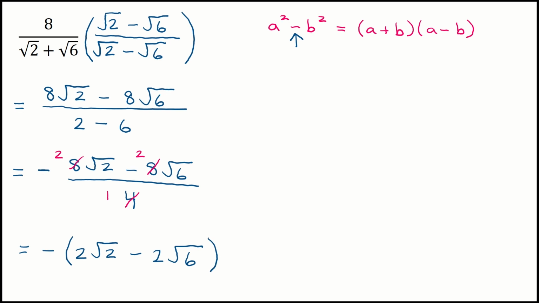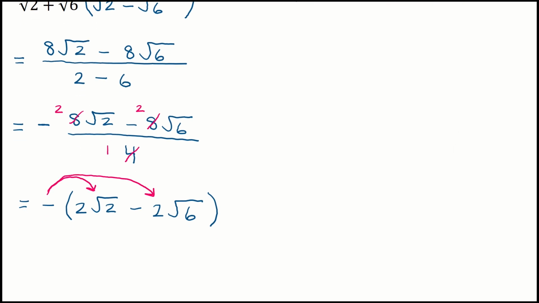And if you would like, you can simplify this a little bit more by bringing this negative all the way through. So if we do this, that turns into negative 2 root 2 plus 2 root 6.